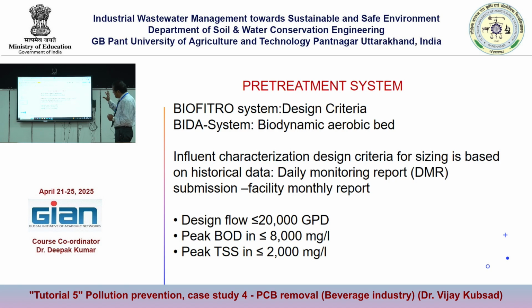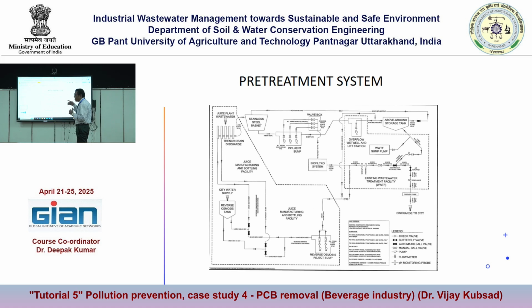Approximately you can see design flow, BOD, TSS. This is all needed for the design, and some kind of flow diagram where it is fixed. You people have worked with the industry. You always do a process plan, a flow diagram. What are the routes for getting the processed water and how it is brought out for treatment, right?